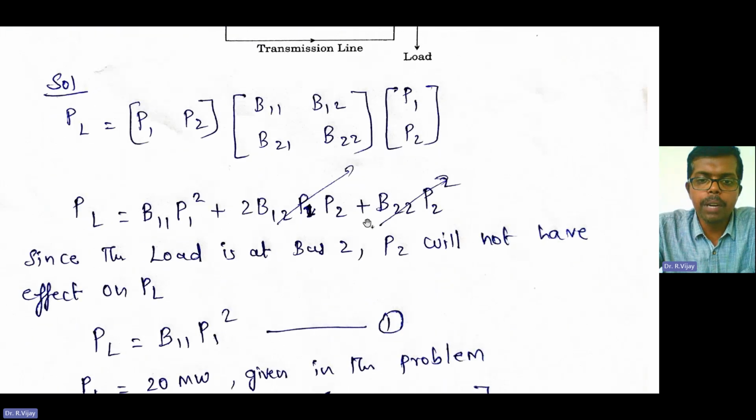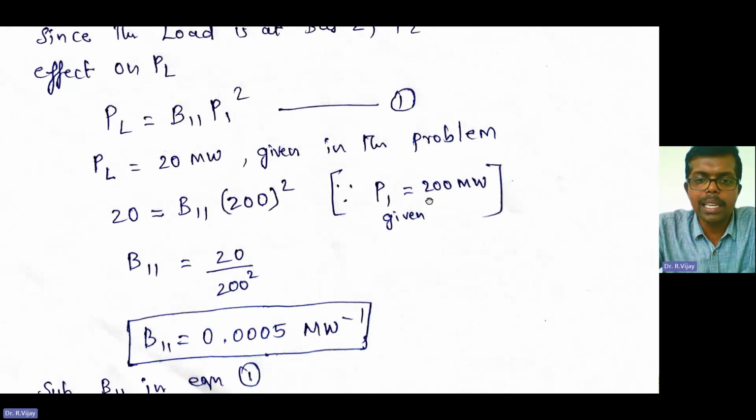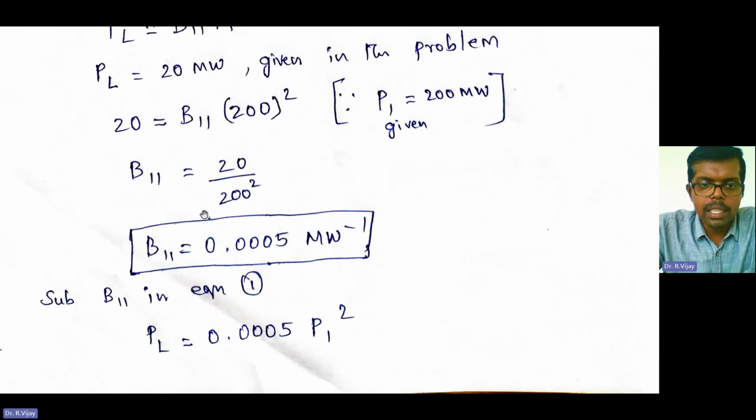So P1 is equal to 200 megawatt. Just substitute here and calculate B11. So B11 is equal to 20 divided by 200 squared, which is nothing but 0.0005 megawatt inverse. So this is B11, the loss coefficient.